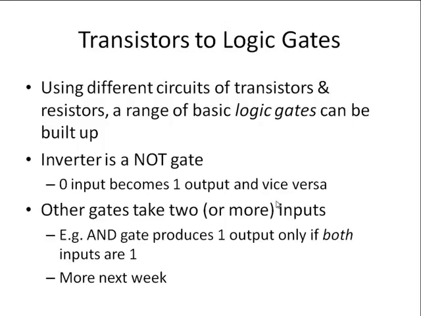So we can use different circuits of transistors and resistors to build up a range of basic logic gates. So the inverter is a NOT gate. Other gates may take 2 or more inputs, and we're going to see those in the next lecture.